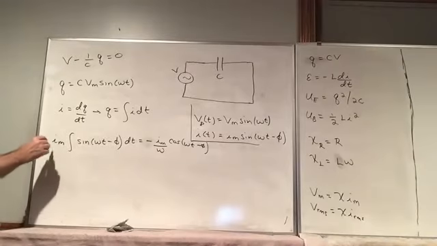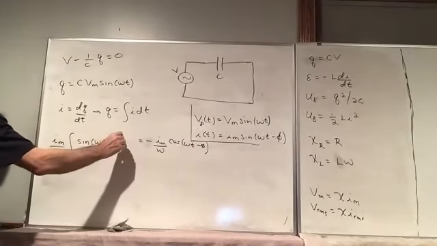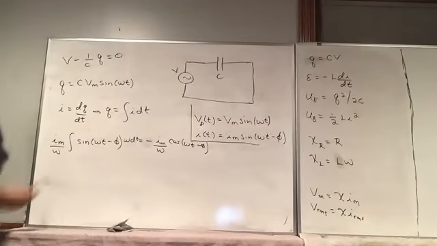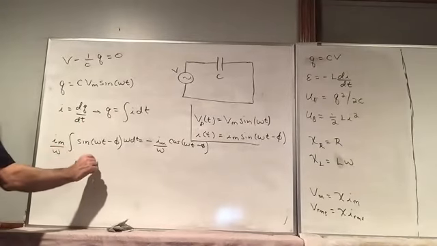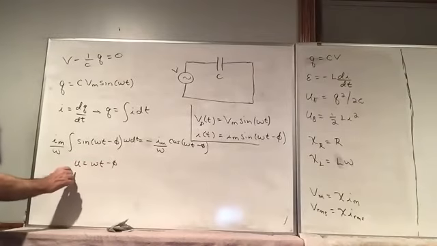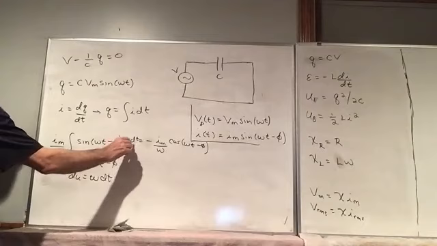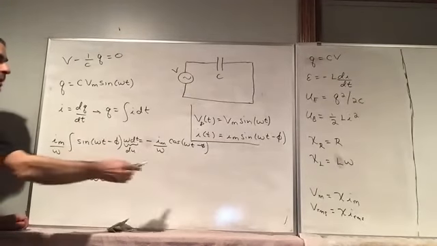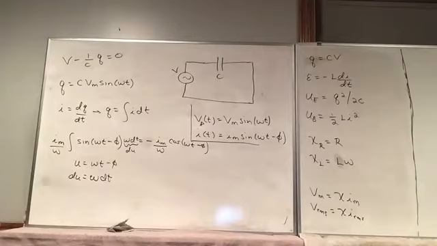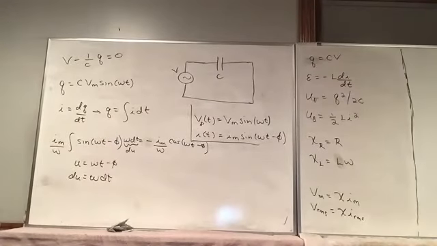So basically what we do is let's divide by omega, and we'll put an omega here. And then if we make a u substitution, say u is omega t minus phi, then du is omega dt. So that becomes du. So we just have sine of u du, which is minus cosine of u. So that's why we have to have that omega in the denominator.